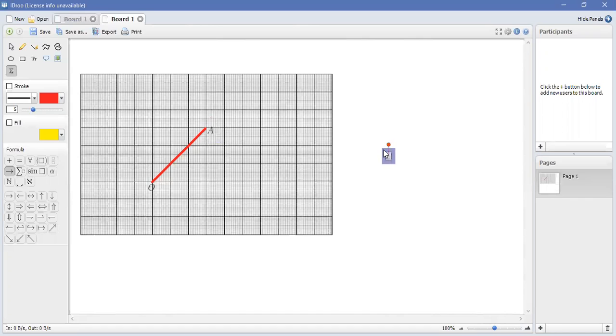So let's determine the vector now. Watch me carefully. Remember, we have to have a little line too, right? All right. So watch the vector now.